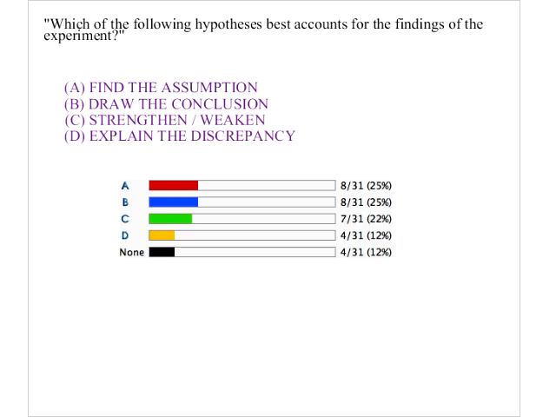When would you have to account for the findings of an experiment? I mean, you would only have to account for findings if something were surprising or unexpected.